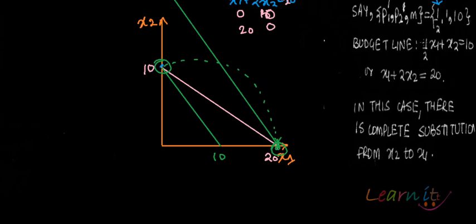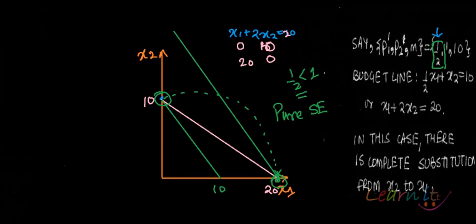This is also easily seen because the price of x1 is now lower than the price of x2. Since 1/2 is lower than 1, you'll be consuming only x1. You won't be consuming x2. So this is pure substitution effect in this case. The entire effect of the price change is your substitution effect.